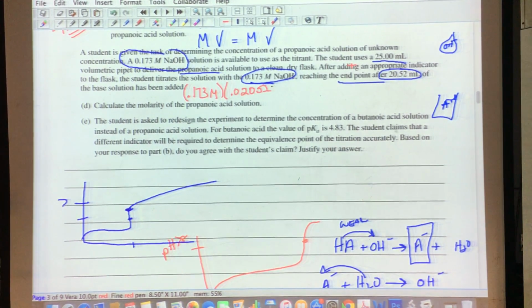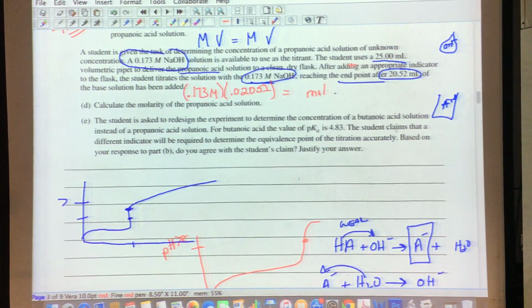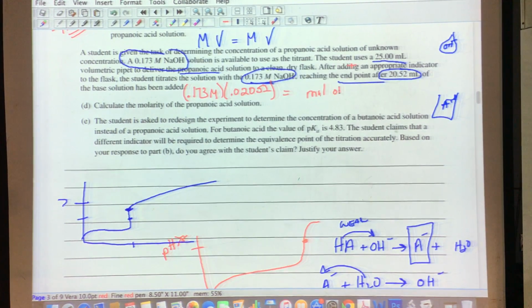0.02052. What's that going to give me? Moles of my hydroxide or base, which by the way is equal to the moles of H plus. And I'm going to divide that by how much H plus I have initially: 0.025 liters, because I'm doing a molarity.